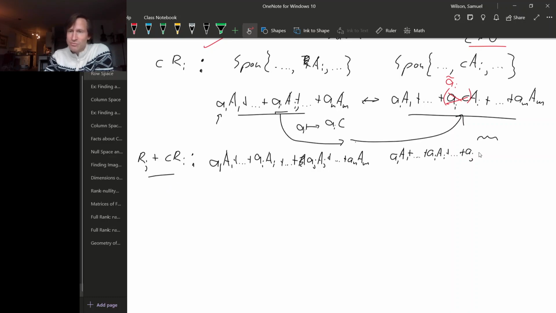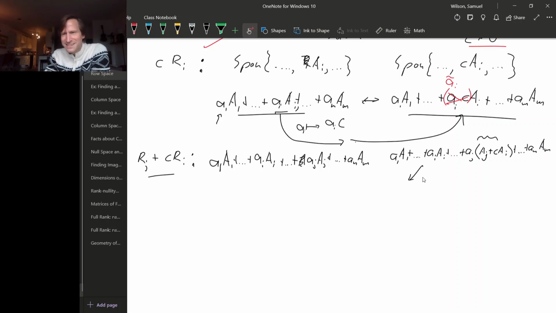Well, after we do this row operation, the jth row is the jth row plus c times the ith row, like this. And then so on out to a sub m times the mth row.